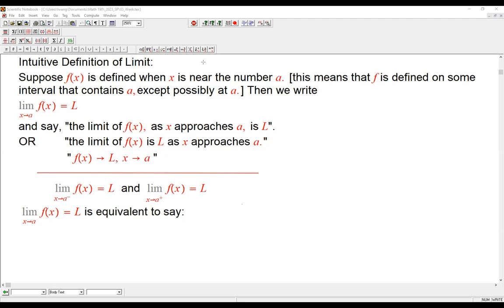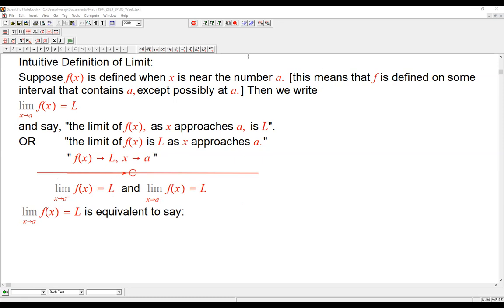So we have an a here. a may or may not be in the domain of f. f may or may not be defined, but that's okay. We are approaching a, if we're approaching a from smaller than a, and the limit is L, that's how we express it.